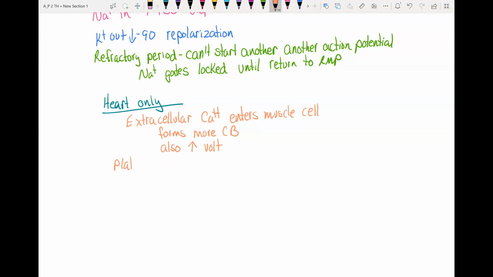During that plateau, you have calcium coming in and raising your voltage at the same time as you have potassium going out and lowering voltage. So you have one thing raising voltage and another thing lowering voltage at the same time. So they counteract each other.